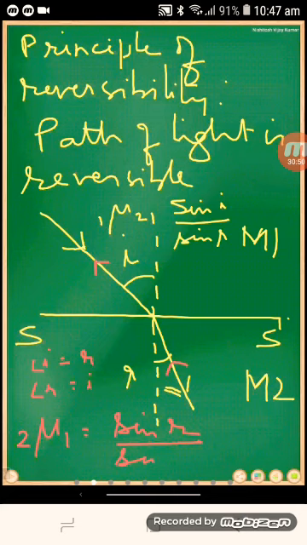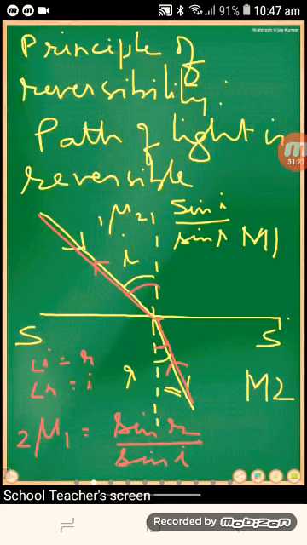This is not the same, because Snell's law is sine of angle of incidence upon sine of angle of refraction. So while the light is traveling from the second medium to the first medium, the angle I is the same as what we had as angle R earlier, and angle R is the same as what we used to have as angle I for the previous case, and that is why this is okay.